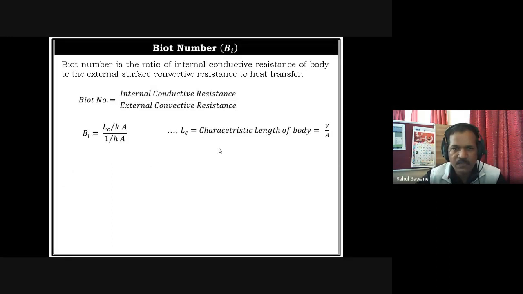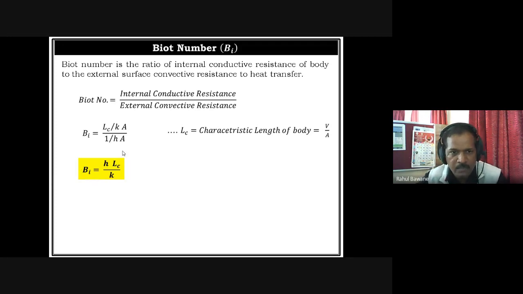Now on simplifying, A gets cancelled, and rearranging this, the Biot number will be hLc upon k. This is the formula of the Biot number. Remember this h is 1 upon h, so if I shift it to the numerator, it becomes hLc and this k will be in the denominator. So the Biot number formula will be hLc upon k.